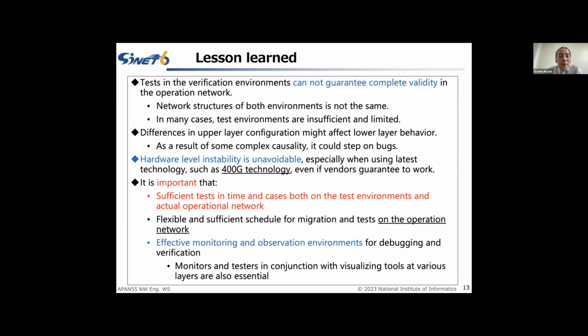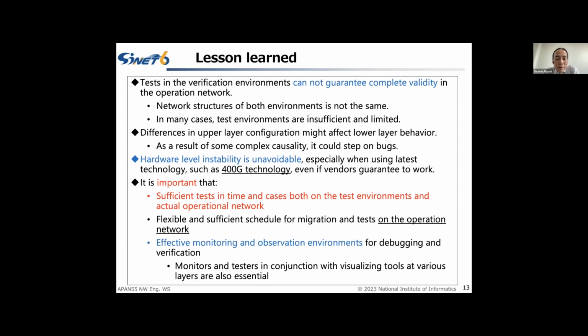So after that, we reorganized the important points. First one is sufficient testing in time and cases, both on the test environment and the actual operation network. The second point is a flexible and sufficient schedule for migration and testing on the operation network. And the third point is an effective monitoring and observation environment for debugging and verification.